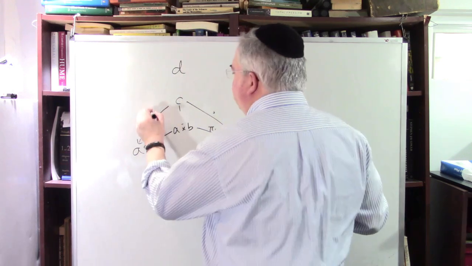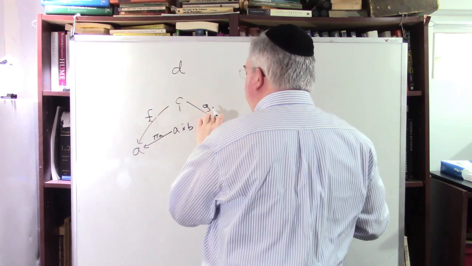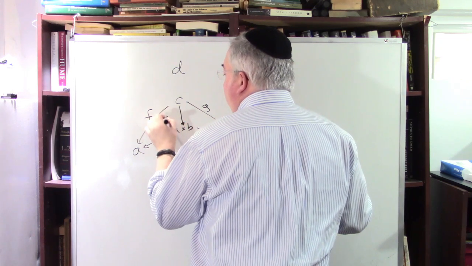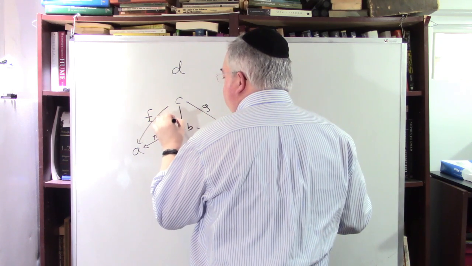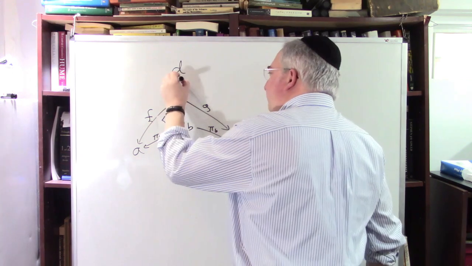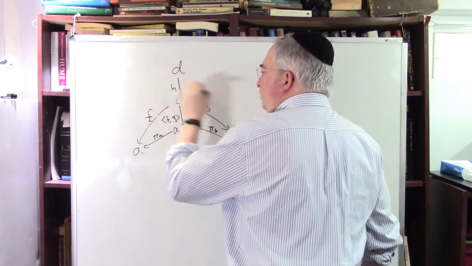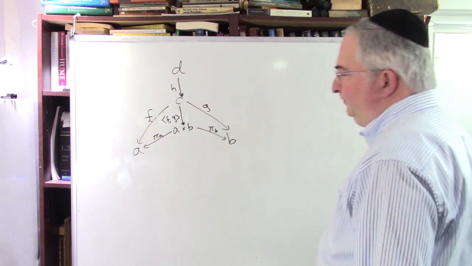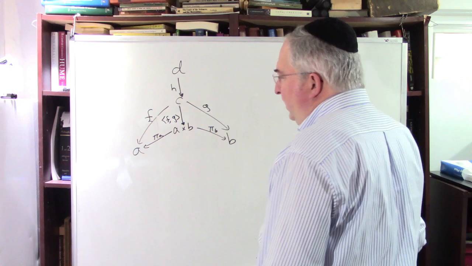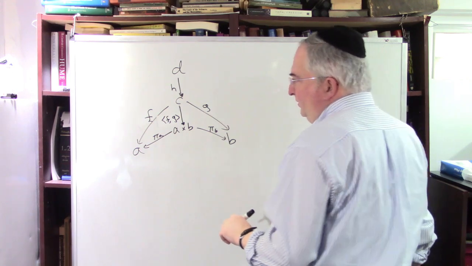So the book calls this f and g. Okay, so this is f bracket g. Now we have another map h from here to there. So this is that bracket operation. This is this. Now we have two maps.